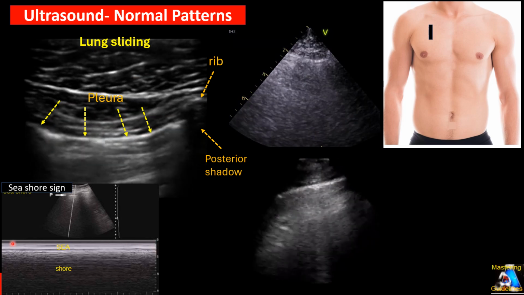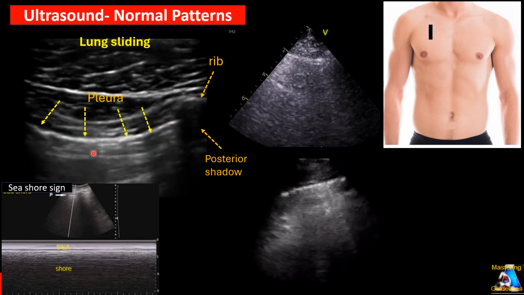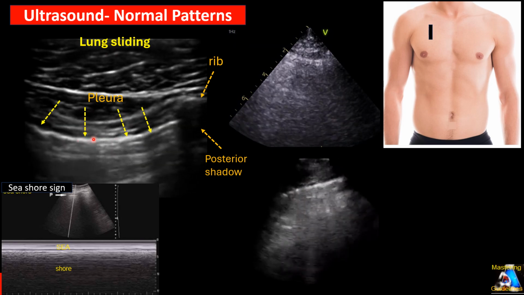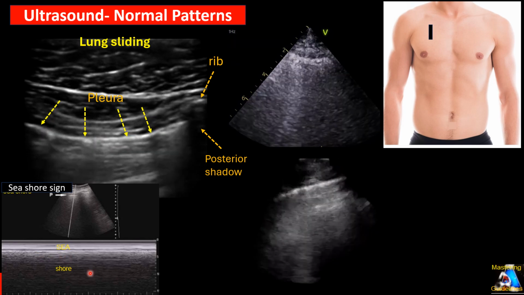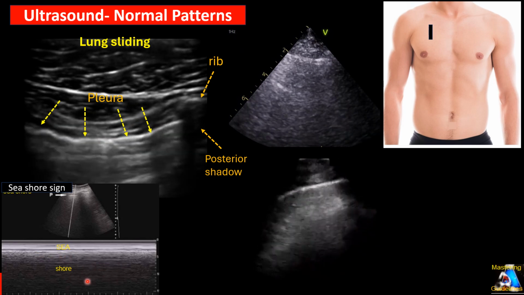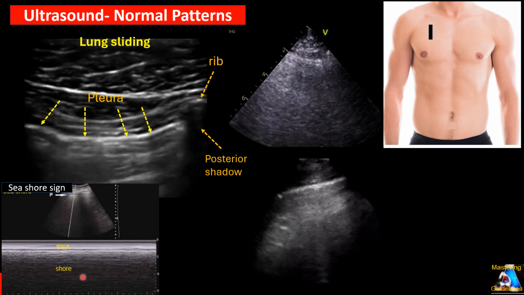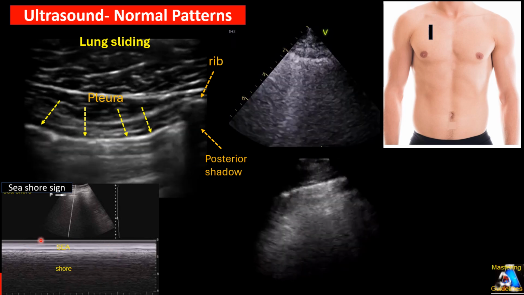It creates this pattern, we call it the sea part, and beyond the pleura, due to the sliding of the pleura or lung, it creates some kind of sandpaper on the M mode that we call the shore part or seashore. This is a normal pattern.